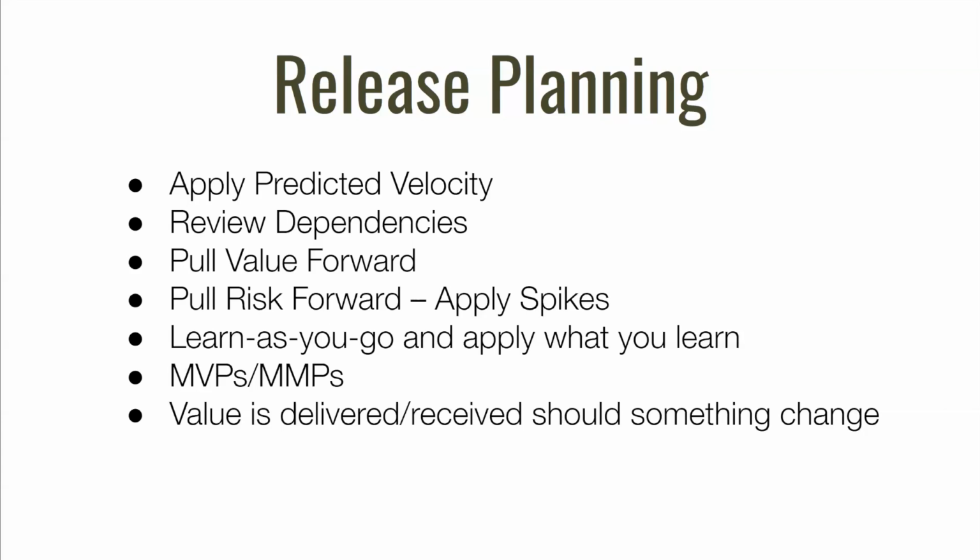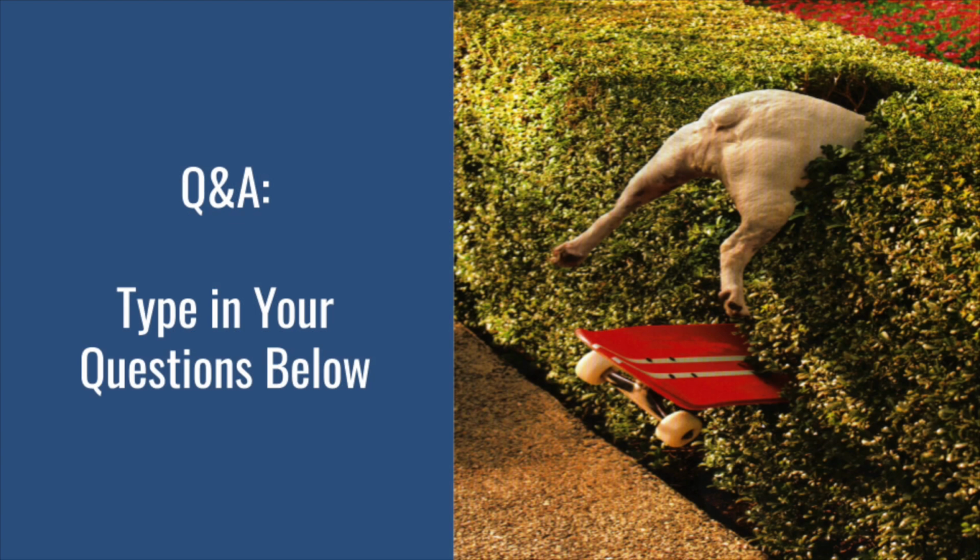If you can create a situation with your design thinking and the way that you're building things in an iterative way through sprints, if you're using Scrum, then value is delivered and received, should something change. So again, if for some reason you're asked to stop doing something and move on to something else, you have value for what you did. It's really, really important. So that's, again, release planning at a very high level.